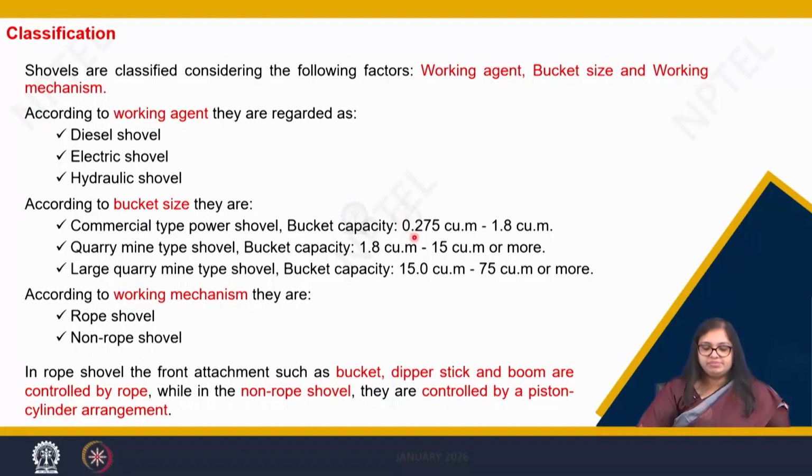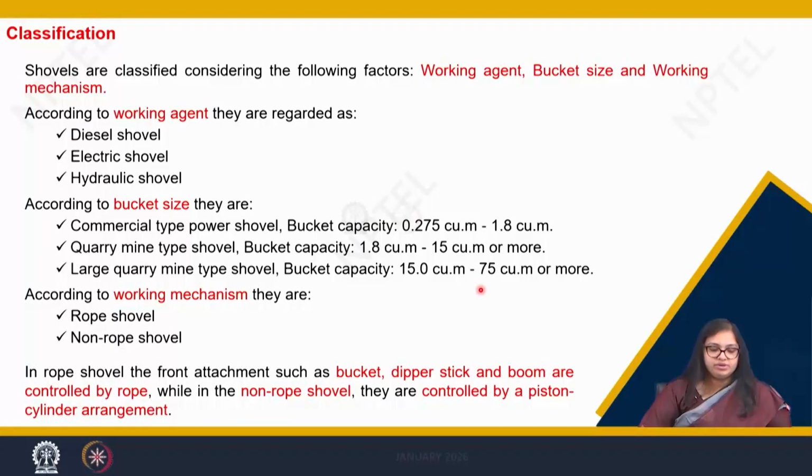If the bucket capacity is from 0.275 cubic meter to 1.8 cubic meter, we call it a commercial type power shovel. If the bucket capacity is from 1.8 cubic meter to 15 cubic meter, we call it a quarry mine type shovel, and if it is from 15 cubic meter to 75 cubic meter or more, we call it a large quarry mine type shovel.